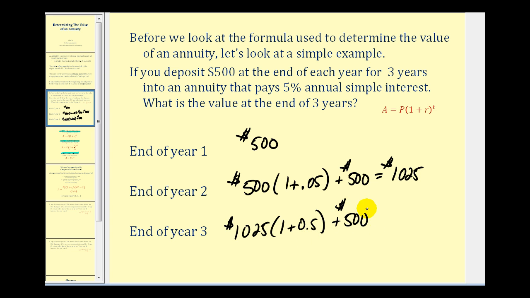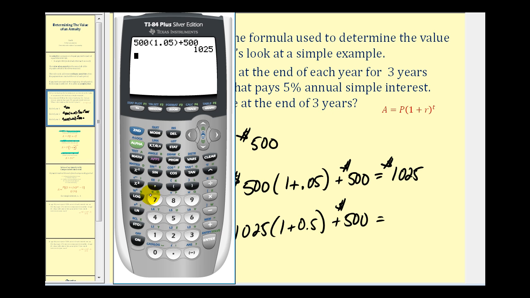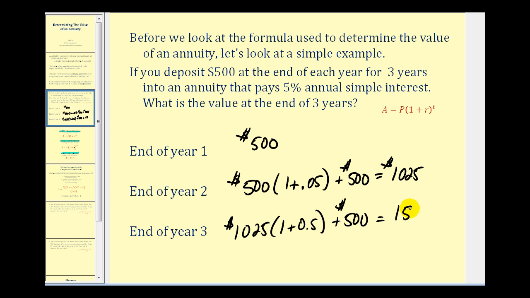This would be the value of the annuity at the end of 3 years, given we use 5% simple interest, with deposits at the end of each year. So we have $1,756.25.